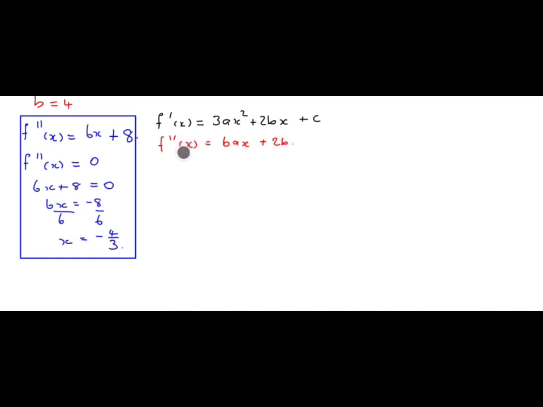Again, the point of inflection happens to have the second derivative equated to 0. So I can work that out there, because I know this point of inflection has x value minus 4 over 3. So that's 6a into minus 4 over 3 plus 2b equals 0. As we all know, that's going to be minus 24a over 3.